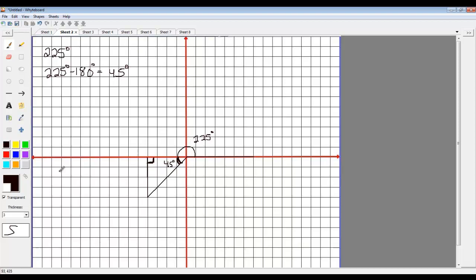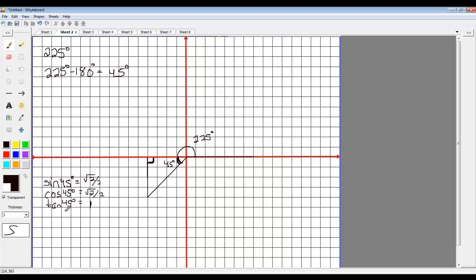Well, the sine of 45, the cosine of 45, those are values we know. We already know that the sine of 45 is square root of 2 over 2. We already know that the cosine of 45 is also square root of 2 over 2. We know that the tangent of 45 is 1.